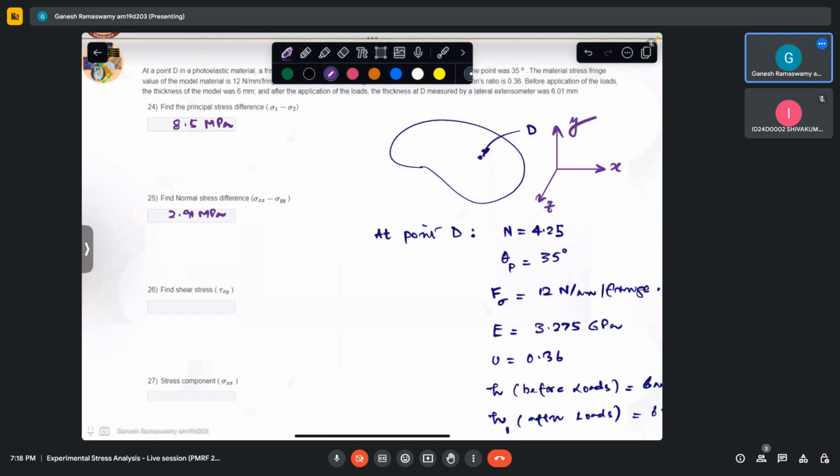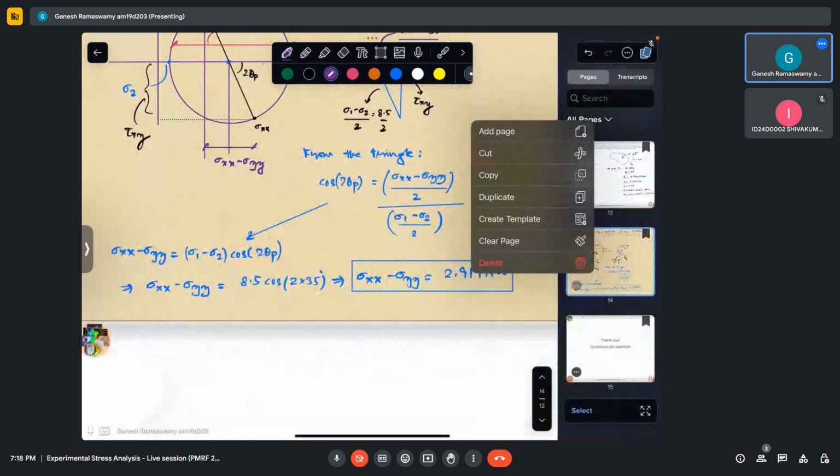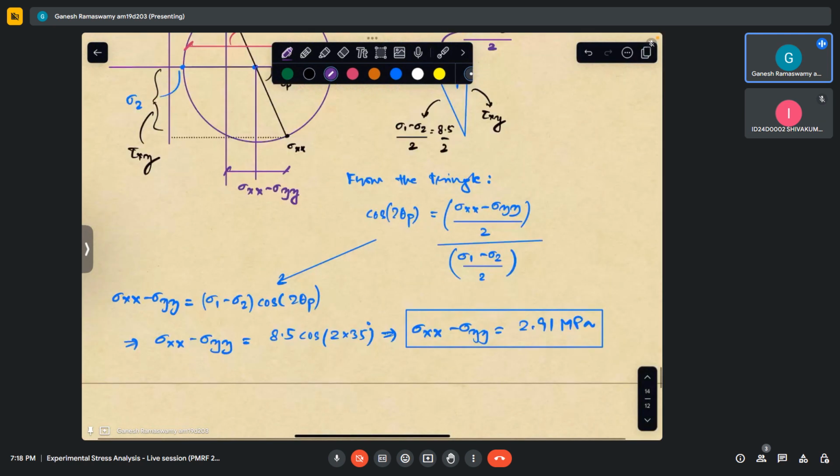Very well. Shear stress. Sorry, just a moment. Yeah, so for shear stress, I can just take the other angle for the same triangle.